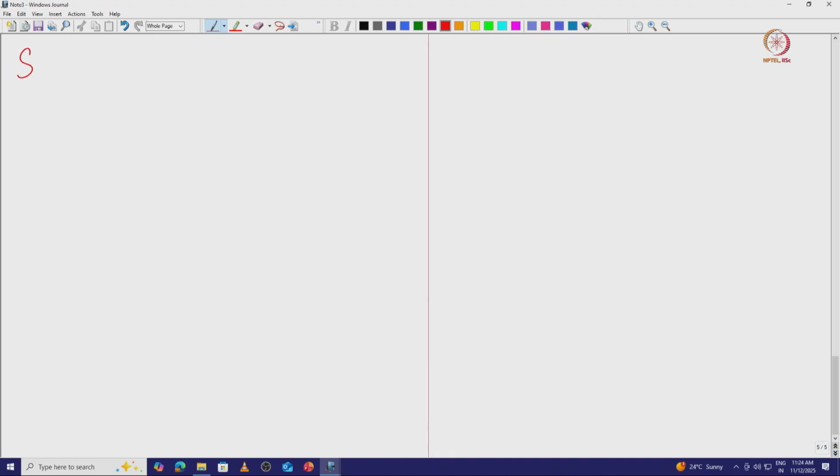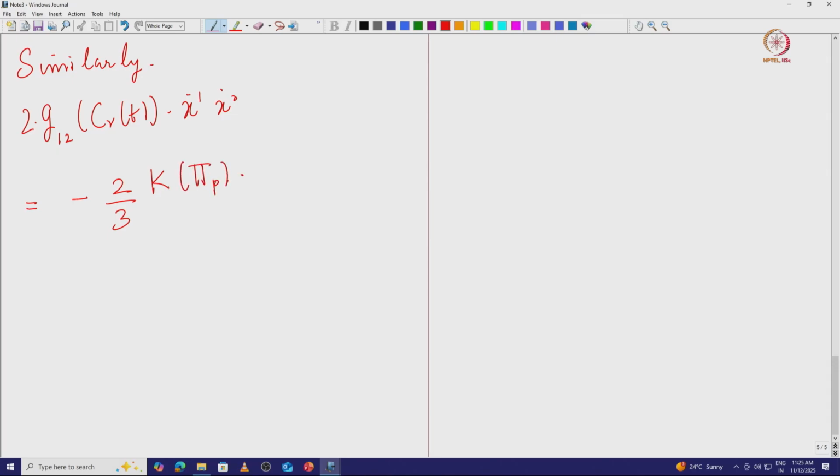So similarly, let me just give you the formulae. G12 of Cr of t. So the second term is 2 times this times x1 dot x2 dot. This is given precisely by minus 2/3 of the sectional curvature term times r to the 4 sine squared t cos squared t.